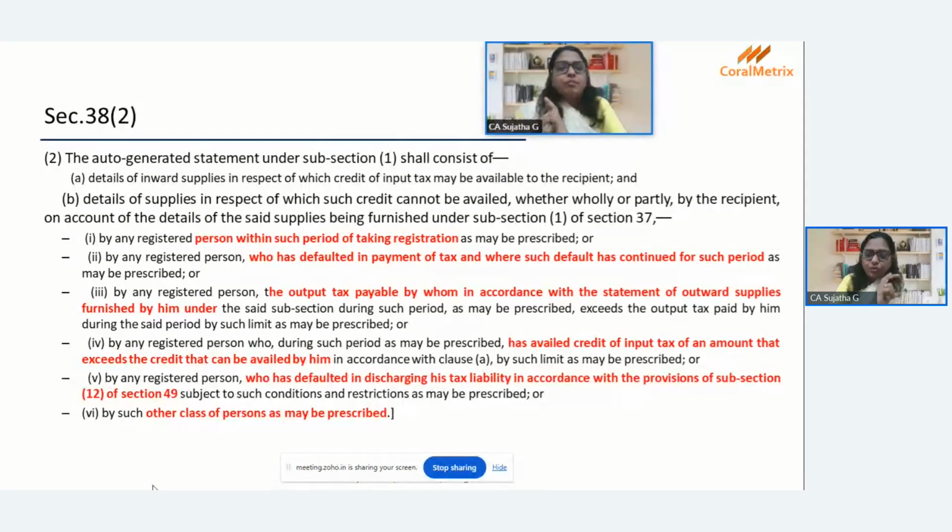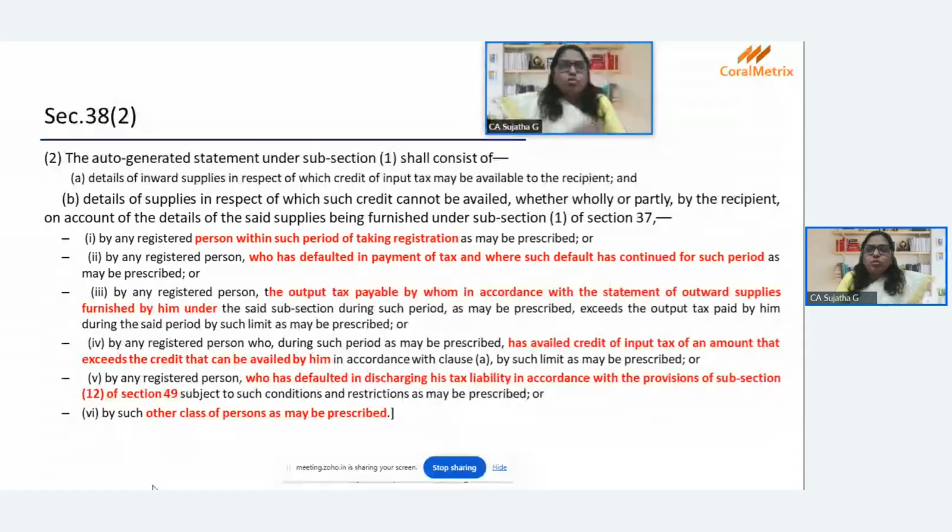But going forward, this is also going to be further stringent. I will not say disputable, it's going to be further stringent. What are those things? If your supplier, that means your vendor, is a newly registered person, right? You are buying something from a newly registered person.